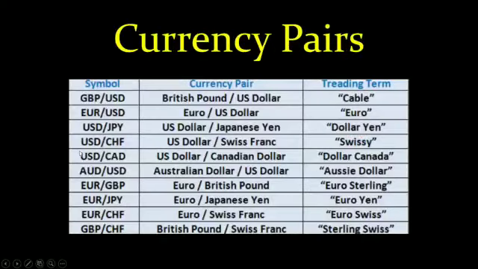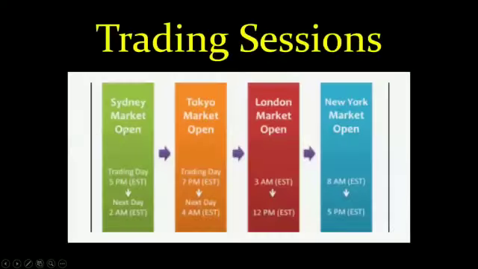But wait, what about the United States dollar? Okay, so we have the New York session. So you know if this is open from 7 p.m. to 4 a.m. and this is open from 8 a.m. to 5 p.m., there's an underlying factor between the hours of 5 p.m. to 7 p.m. So I wouldn't be entering a trade in between those times. But going into the night, which would be here, 7 p.m. to 4 a.m., you can find your entry.